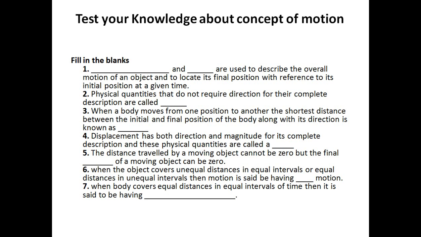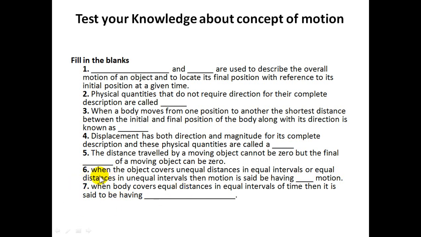As I gave you an example, at 0 seconds it covers 5, in 5 seconds it covers 10, in 10 seconds it will cover 20, so there is a uniform change in distance. This type of motion is known as uniform motion. And if it is unequal, then it is known as non-uniform motion.